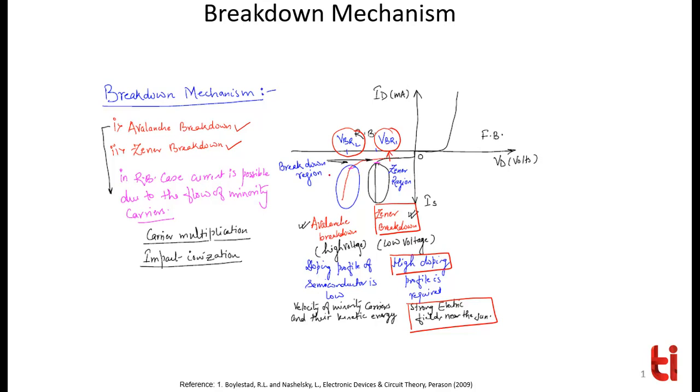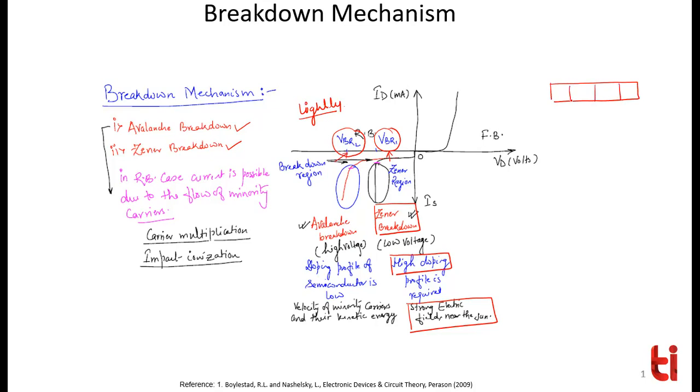However, the avalanche breakdown occurs in lightly doped diodes where the internal electric field is not so strong. So what you need to do is give an external, very strong electric field, and the depletion region width of the diode becomes very high.